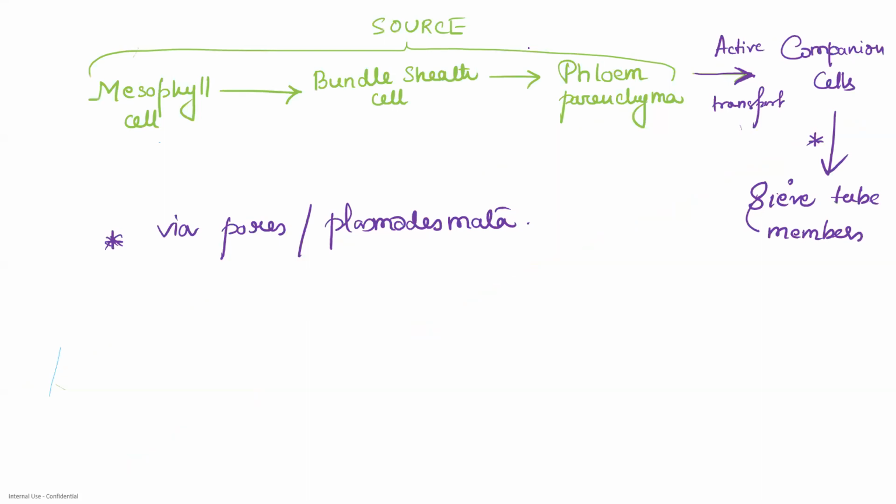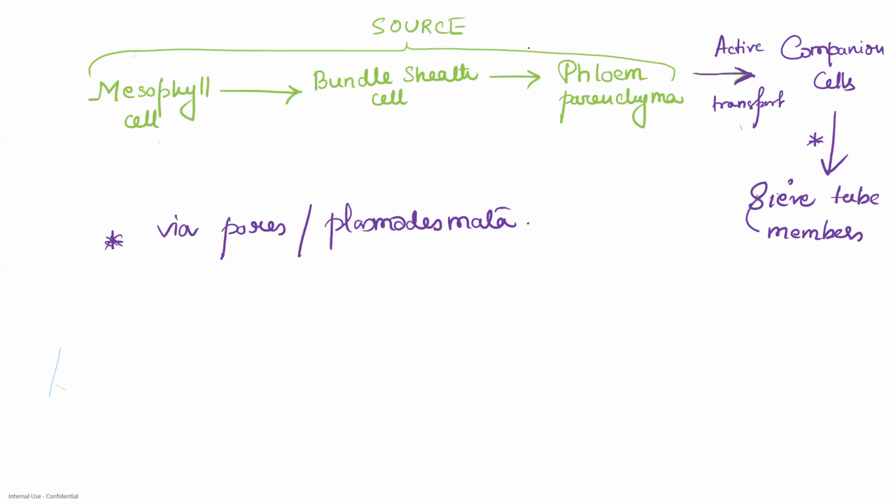But what is happening in apoplastic loading? The photoassimilates are first transported from the mesophyll cells via bundle sheath cells to the extracellular apoplastic region, and then by active transport into the specialized companion cells through the transfer cells. So when it is happening through the transfer cells, remember it is apoplastic and an active transport process.